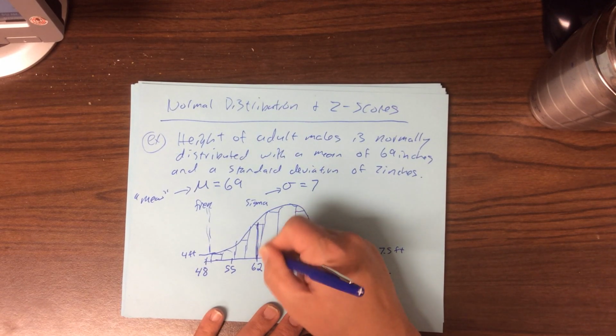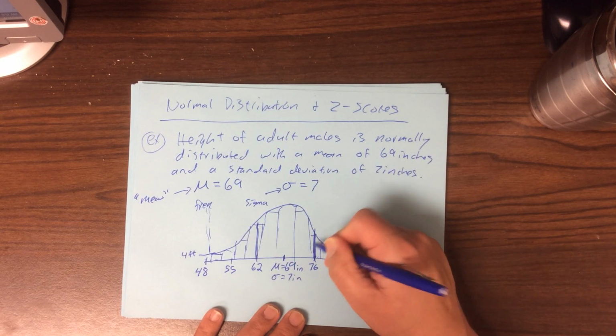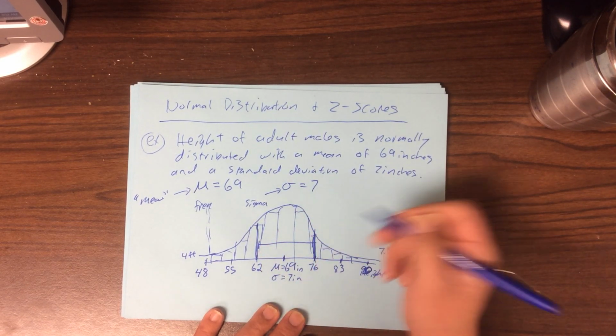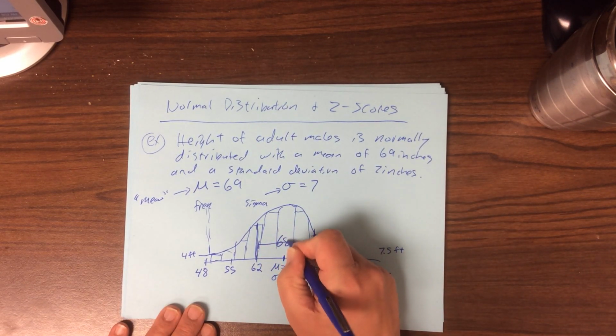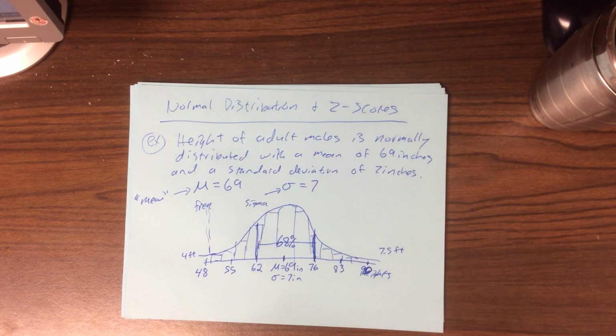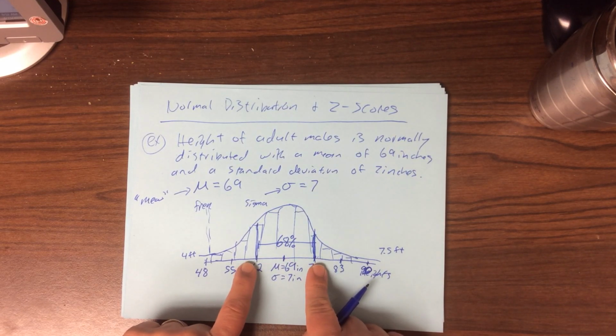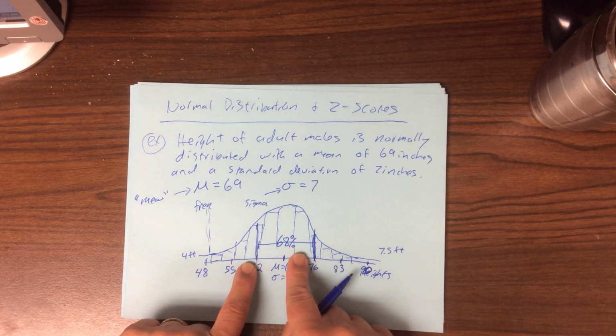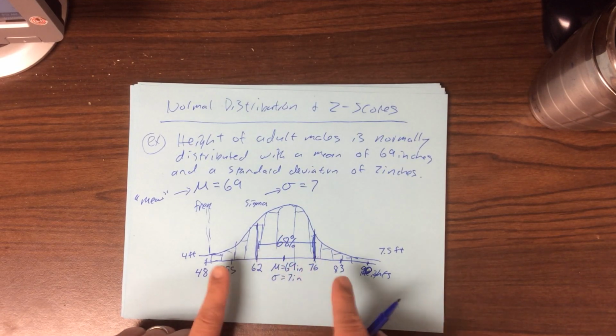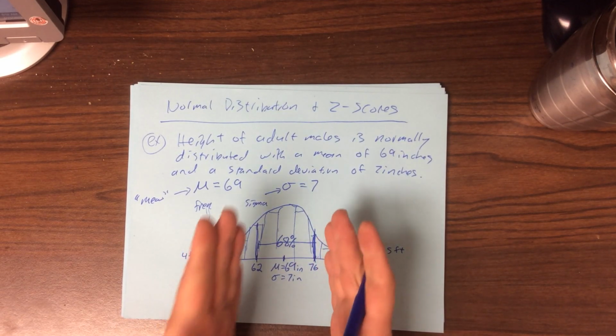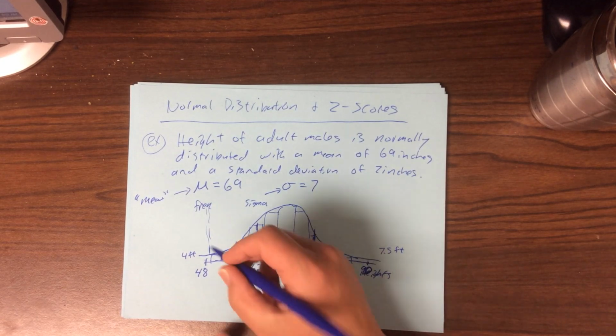And actually, the percentage of data that lies within 1 standard deviation on either side of the mean will always be 68% of the data. And that 68% is a little more than 2/3. So within 1 standard deviation, you have the middle 2/3 of all of the data. Okay, so a lot of the data is right there in the middle.